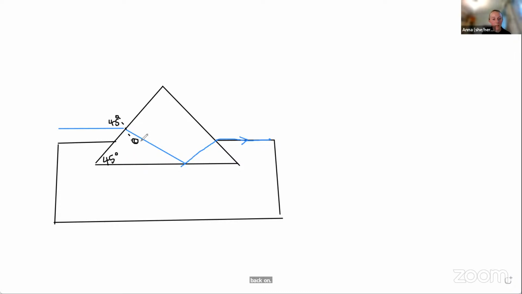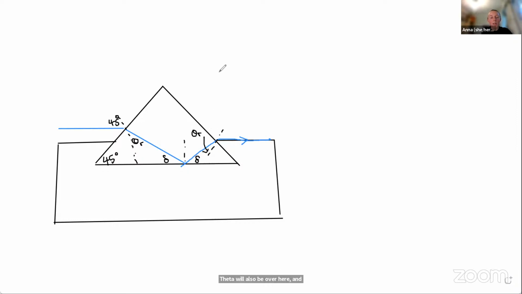And then we have theta r here, and we can call this angle here delta. And it's reflected again at delta. And then because of the symmetry, this angle here, because it's reflected by the same angle, theta r, will also be over here.